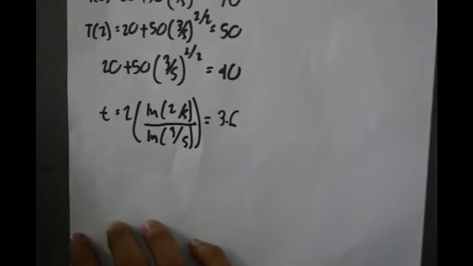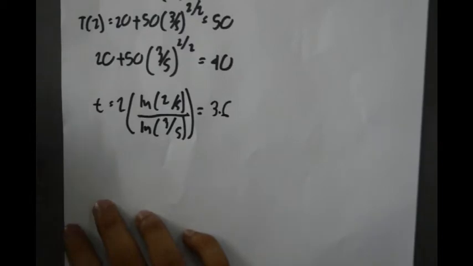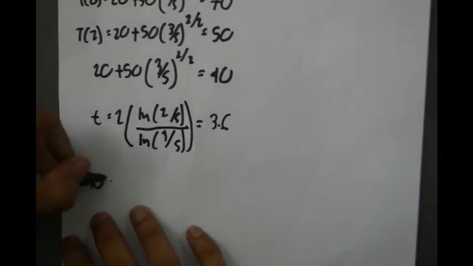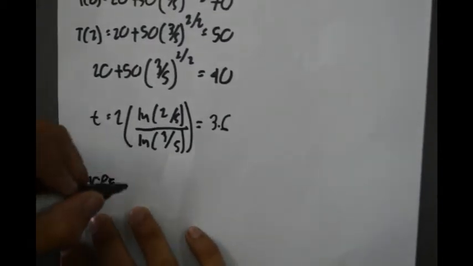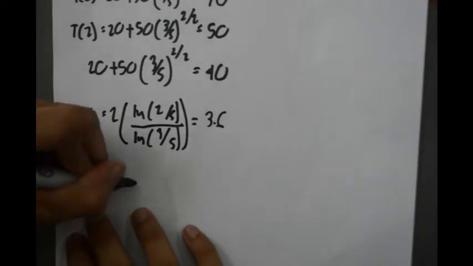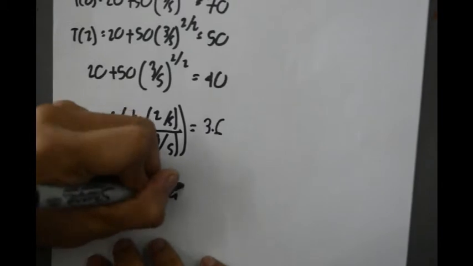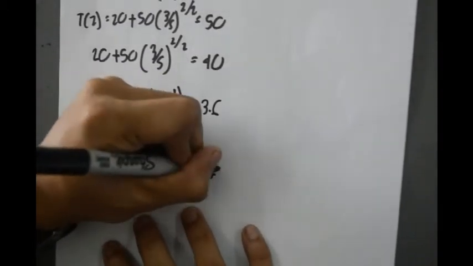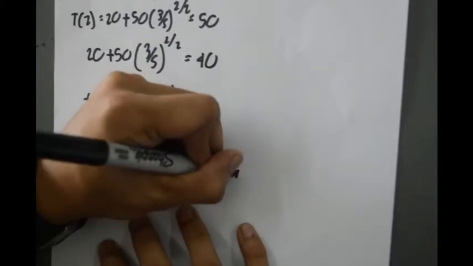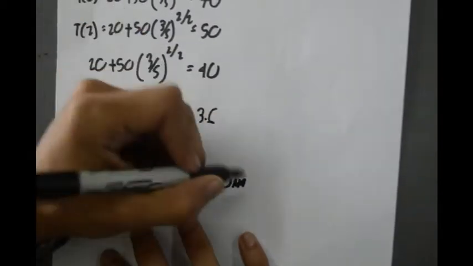Then, the temperature in the house will reach 40 degrees Fahrenheit a little after 3:30 a.m.